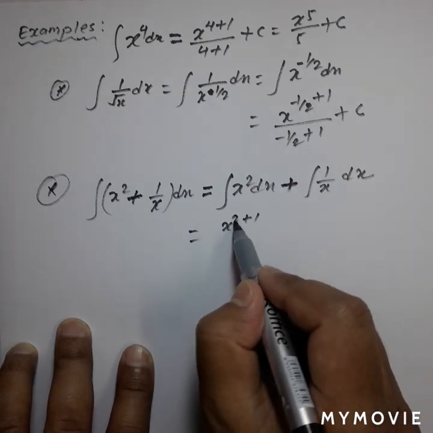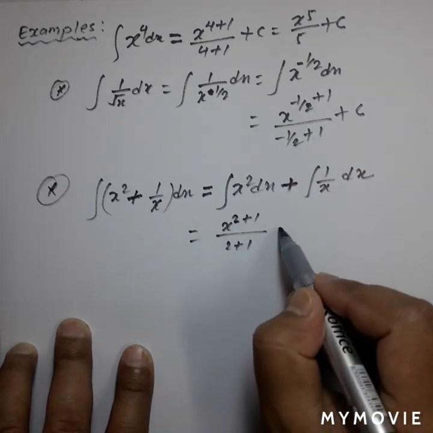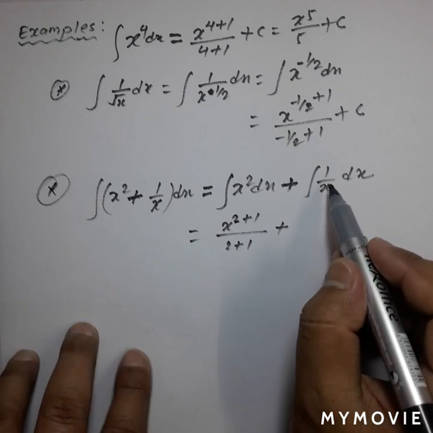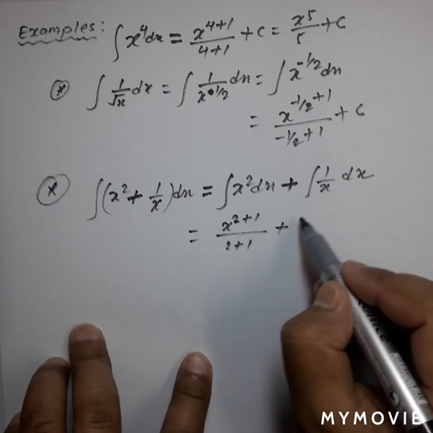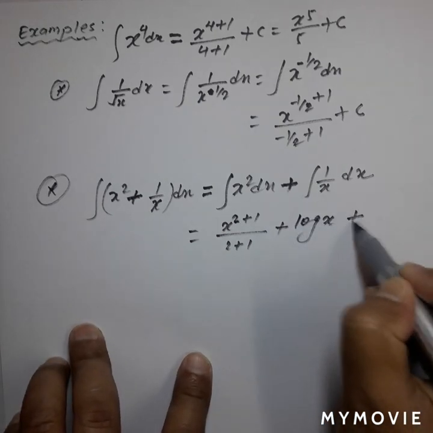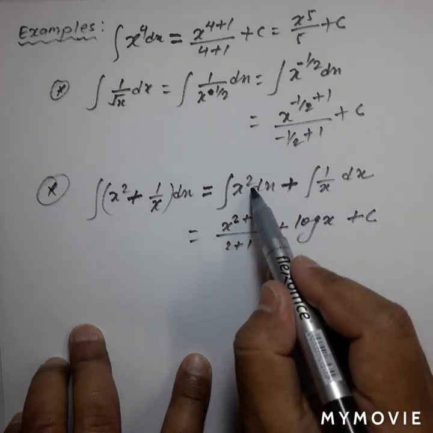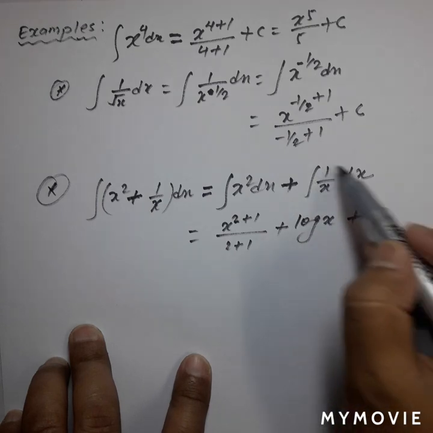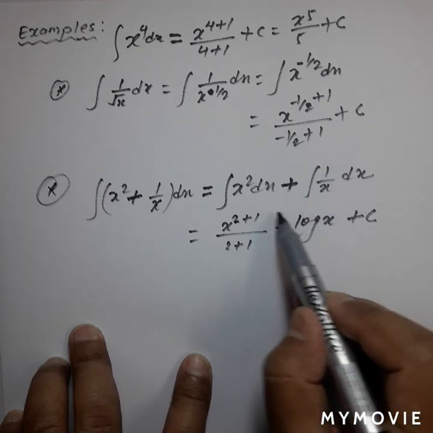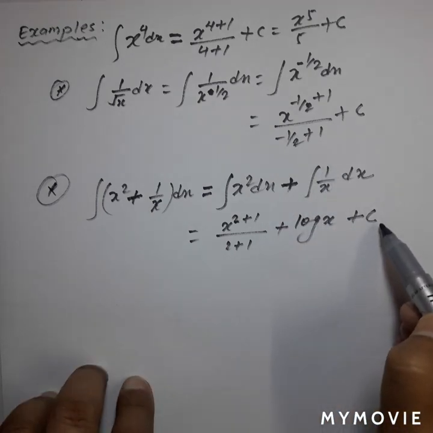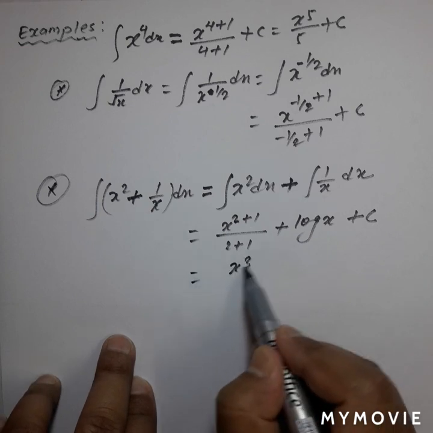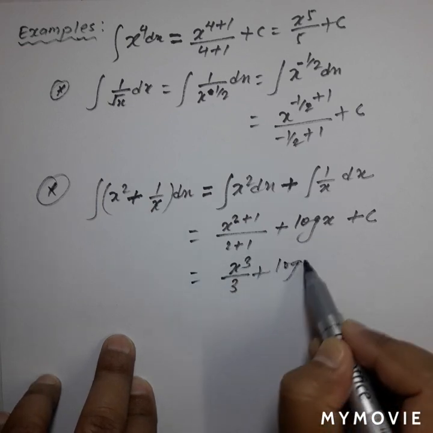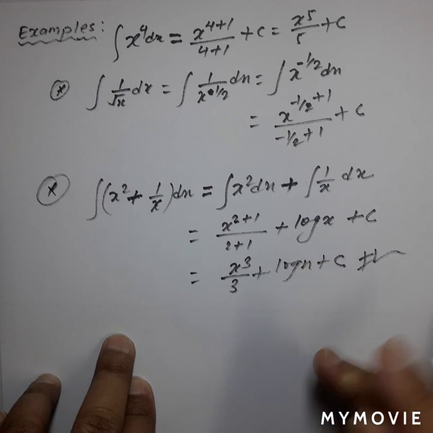Now it is x^(2+1)/(2+1) plus the antiderivative of 1/x, which is log x, and plus c. Why only one c here? Because the integration of this is also plus c, and the integration of that is also plus c, and constant plus constant is a constant. That's why we write only one. So this is x^3/3 + log x + c. In this way, this is the answer.